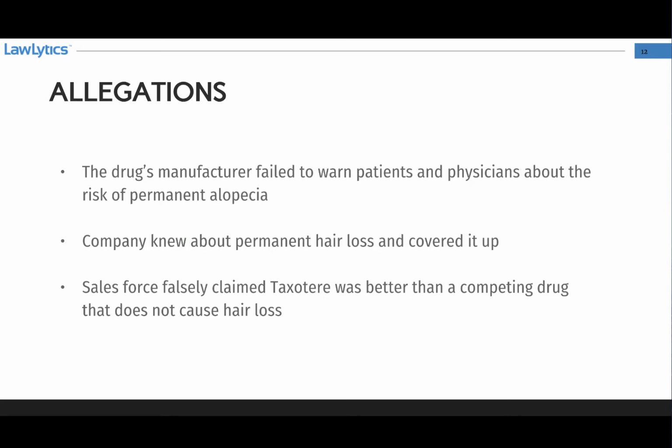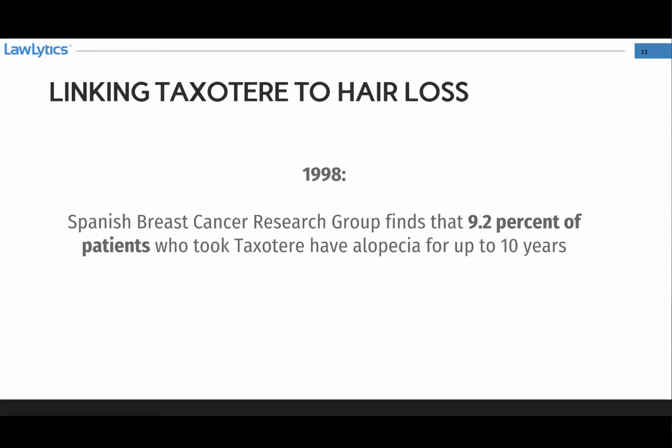And the allegations are primarily product liability, defective design and manufacturing, breach of express and implied warranties, fraud, and intentional infliction of emotional distress.